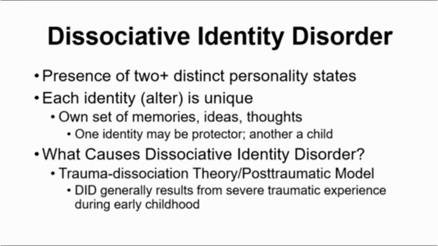There are differences in their eyeglass prescriptions, where some of them need glasses and some of them don't. They will switch handedness, they will switch voice patterns, their handwriting can be completely different. There's one study that they actually found that some alters will be allergic to something and others aren't. So there's a whole bunch of stuff that people can now point to and say, this is really, really hard, if not impossible, to fake.